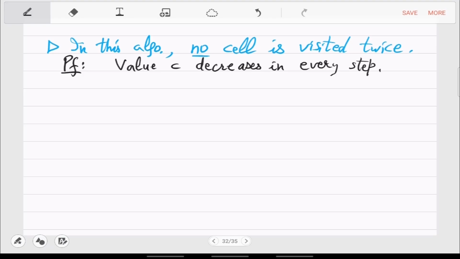So the value of C is monotonically decreasing, which means in particular that the same cell cannot be repeated in this while loop. So that is the proof, which implies that the while loop halts.